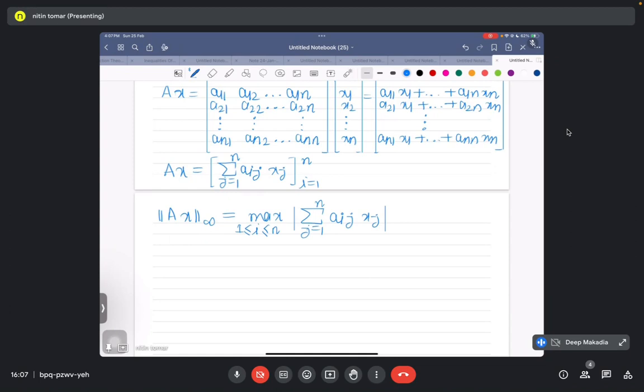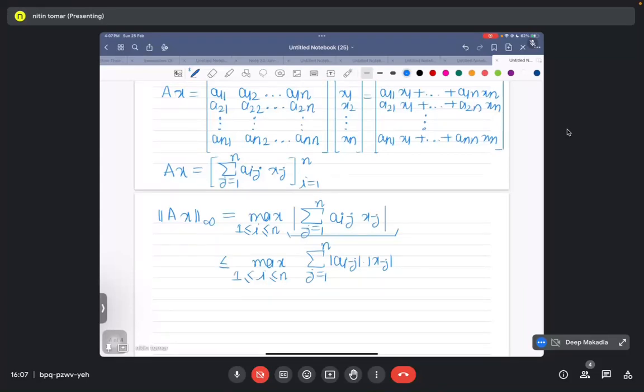Now, can you see some triangle inequality thing here? At least in this one. So this will be less than or equal to the summation. So I can say this, and the maximum will remain.